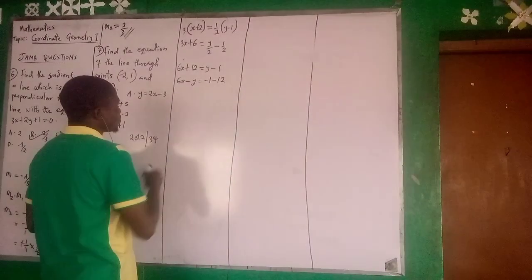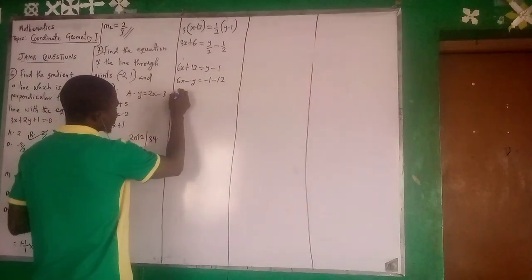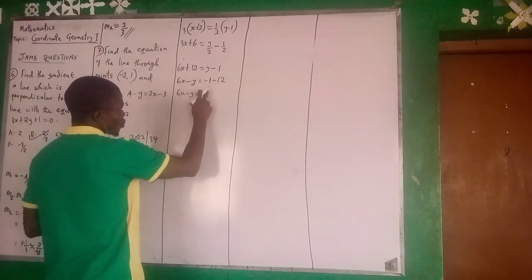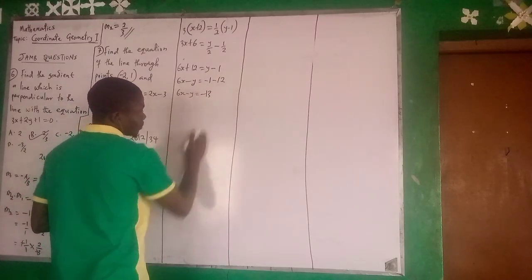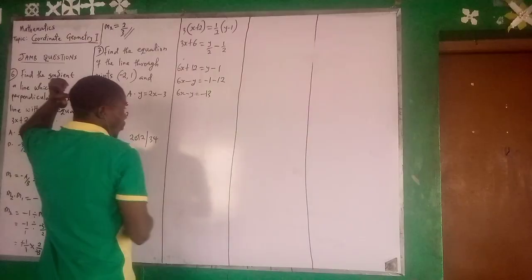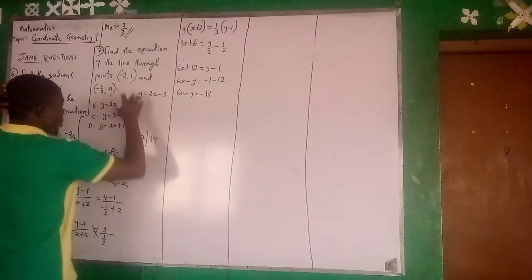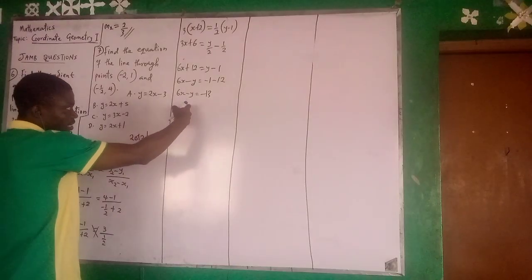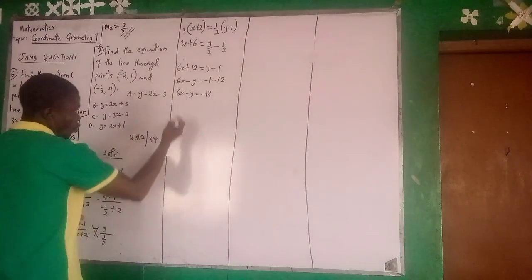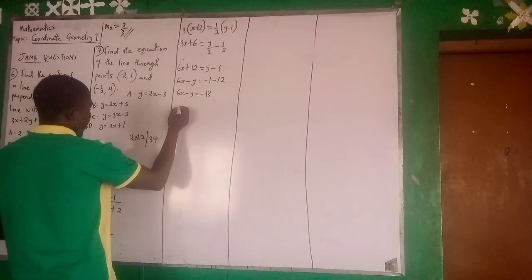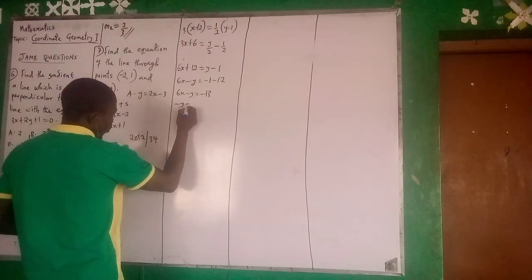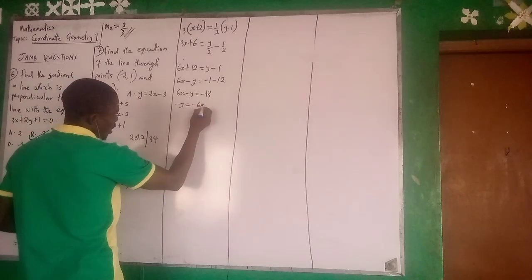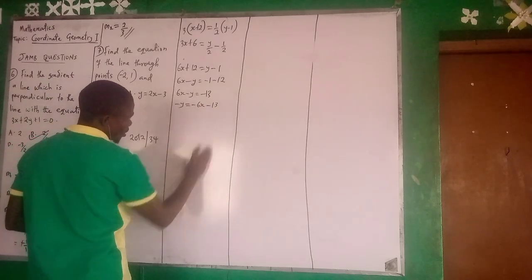So that is it now. In this case we have 6x minus y equal to minus 1 minus 12 is minus 13. Okay, now making y the subject of the formula. Minus y equal to minus 6x, because 6x is going to this side, then minus 13 is here already.